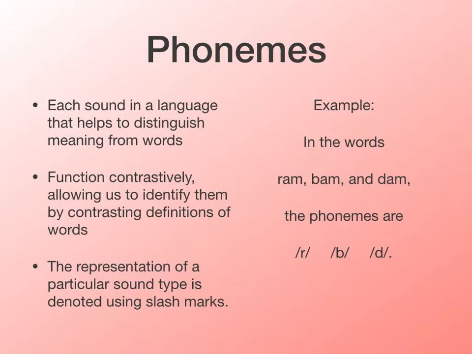And so by knowing those three separate definitions, we are able to identify the phonemes within them. So we have represented those phonemes at the bottom of our example in between slash marks. And it's that R sound, the B sound, and then the D at the beginning of dam.